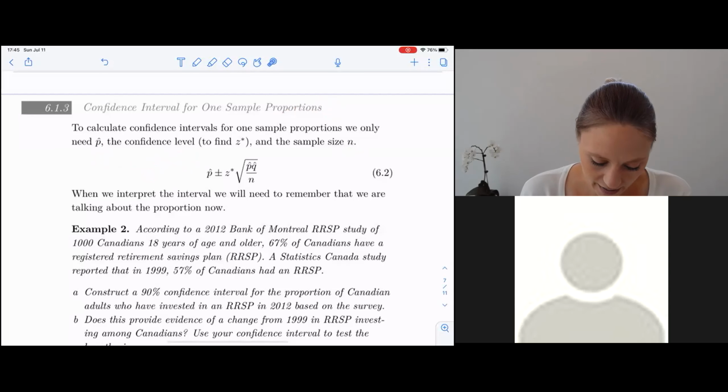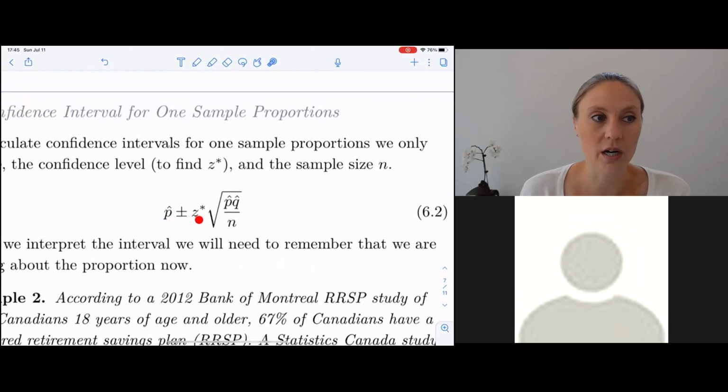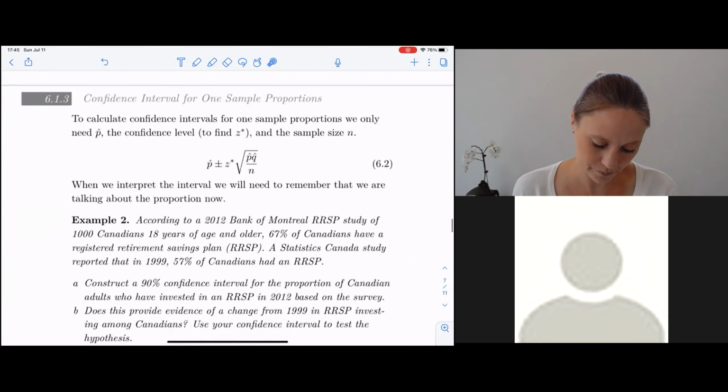Notice here's p hat, Z star from the confidence level, p hat again, q hat is just 1 minus p hat, and then n. So there's really very little information that we need in order to construct a confidence interval.